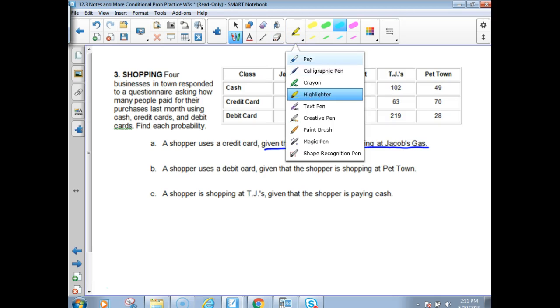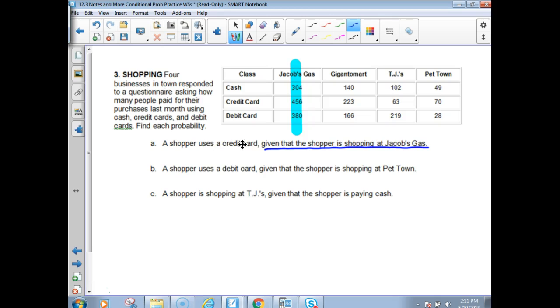And then we will discuss the probability of using a credit card. Credit card would be the middle one there, 456. We're going to need to know how many people shopped there, so we're going to have to total these up. Someone do that for me: 460, 760, 1,120.